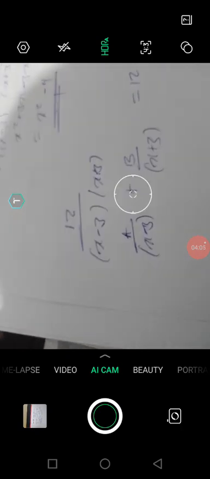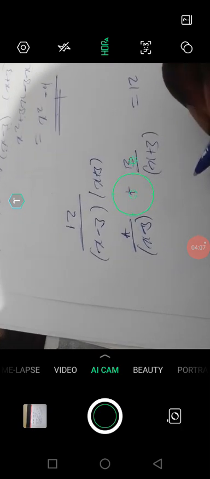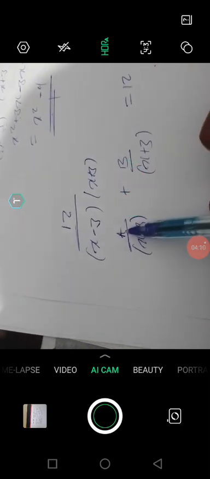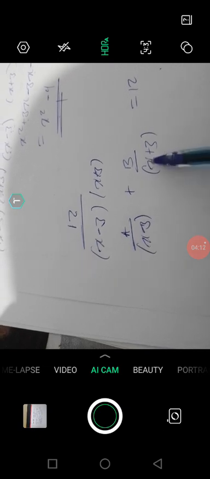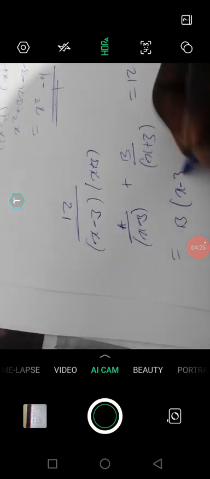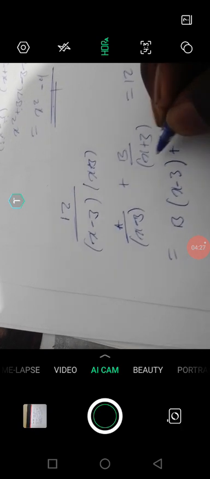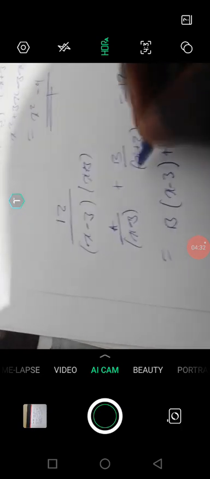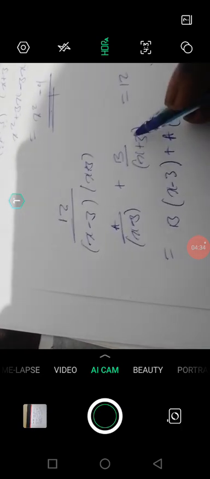I'm looking for the values of A and B. So A is multiplying with the denominator of B, and B is multiplying with the denominator of A. So I say B is multiplying with x minus 3, the operation between them being addition, then here I put A, and A is multiplying with the denominator of B, which is x plus 3, equal to 12.